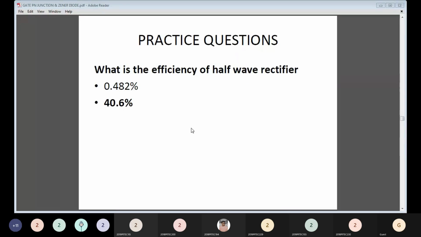Next, what is the efficiency of the half wave rectifier? A half wave rectifier consists of one diode, so during the positive cycle only it conducts current. So the efficiency of the half wave rectifier will be 40.6%.